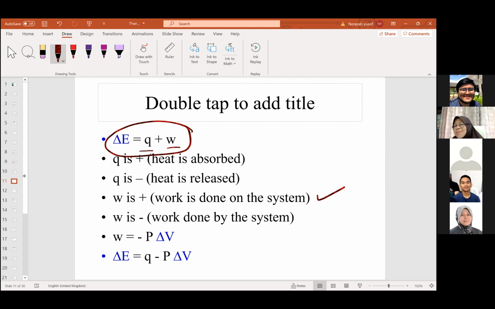So the system is the spring, and work is done on the spring. Now if you release the spring and it expands, the work is done by the spring, by the system. So the sign for work done on the system is positive, and work done by the system is negative.